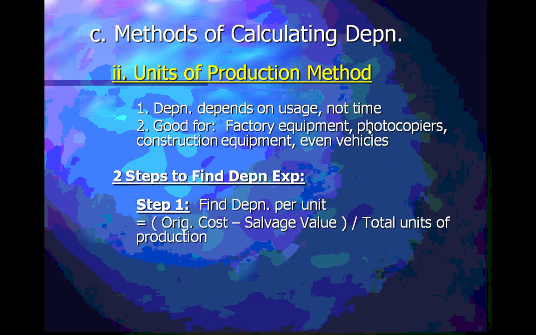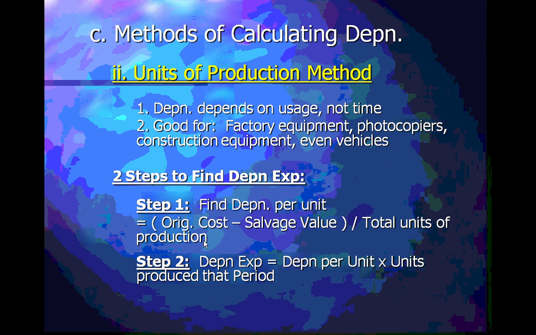In other words, a photocopier might be expected to make 300,000 copies over its life. A vehicle, you might expect 200,000 miles or 100,000 miles, depending on what it is and what it's used for. And so you're going to divide the total dollars minus salvage value by the total units, total miles, total copies, total hours you might want to use it.